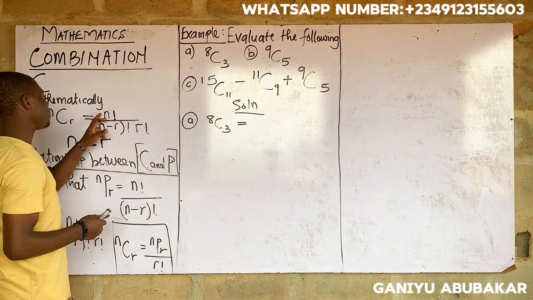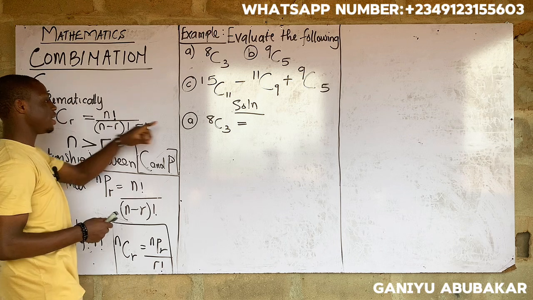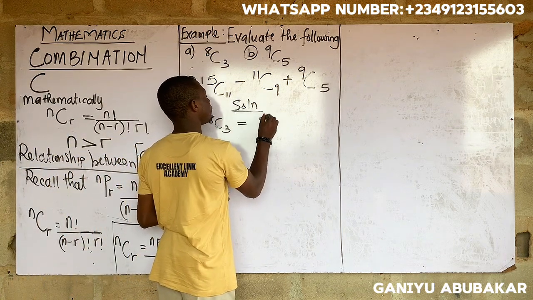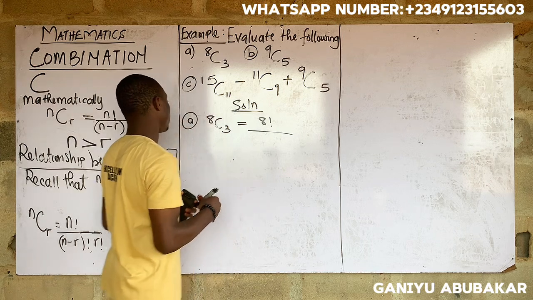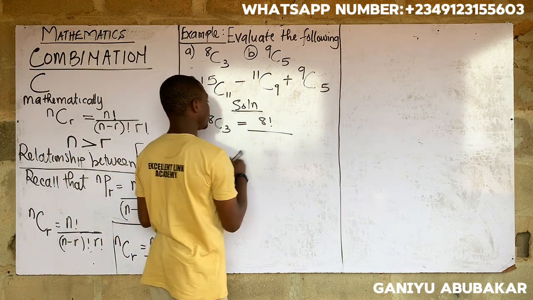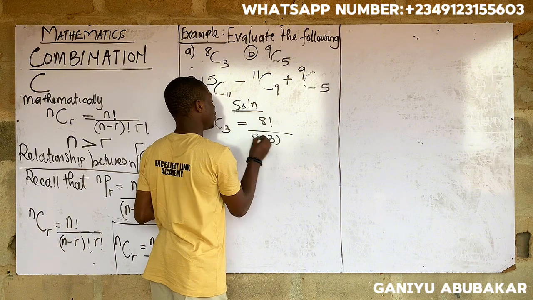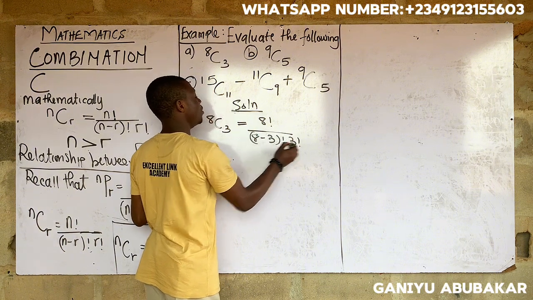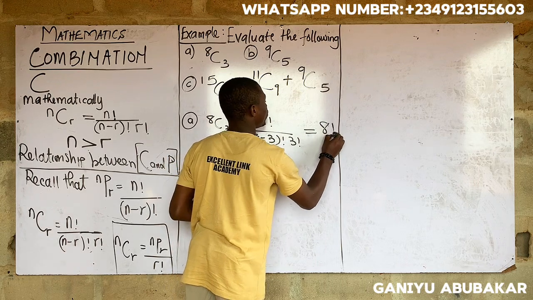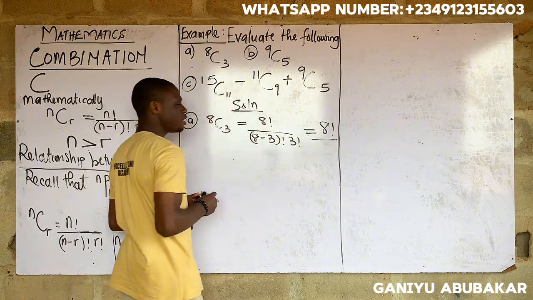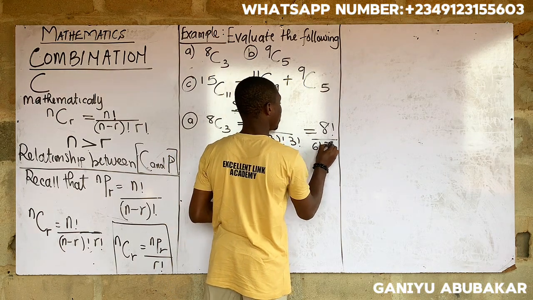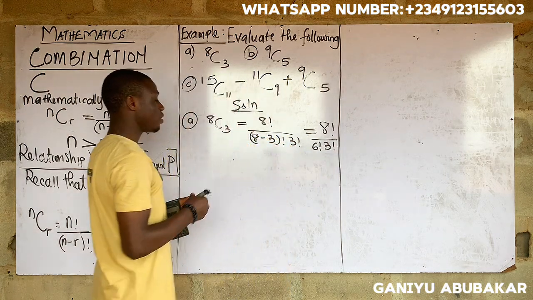The n becomes 8, so that becomes 8 factorial all over n minus r, that is 8 minus 3 factorial, then 3 factorial.